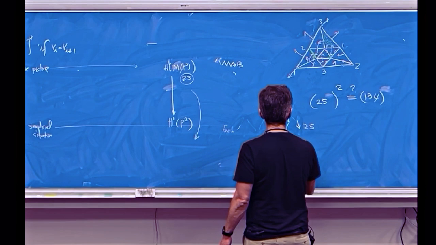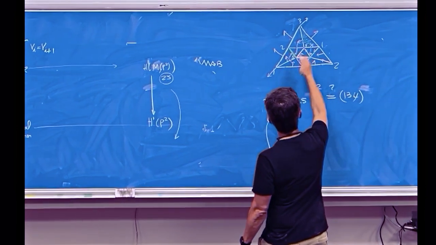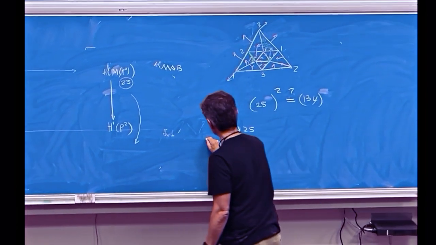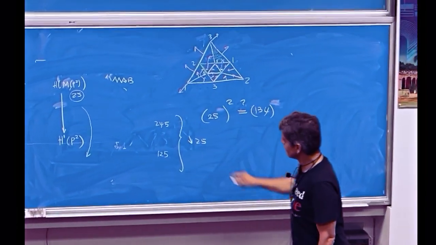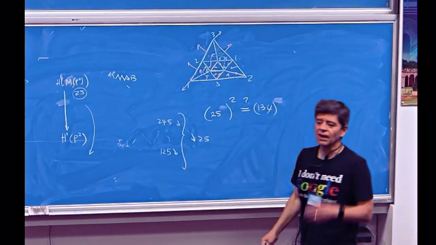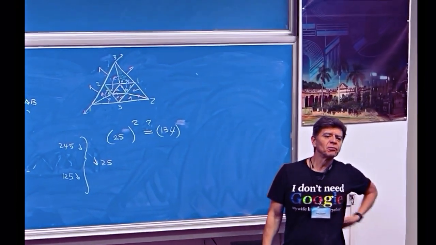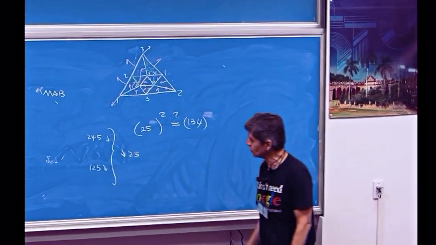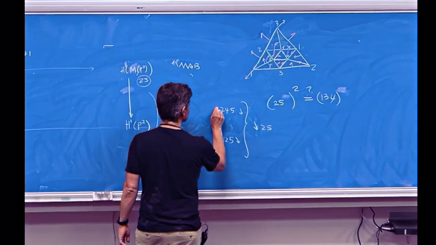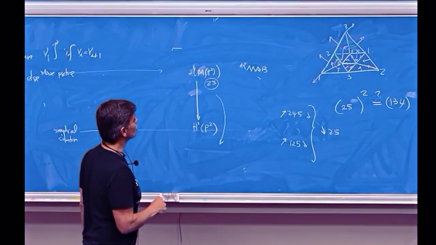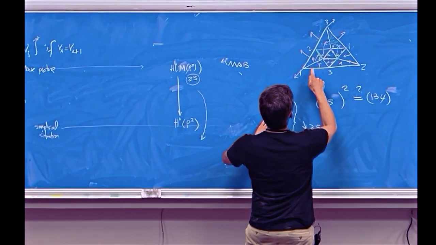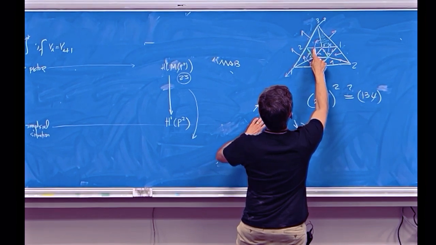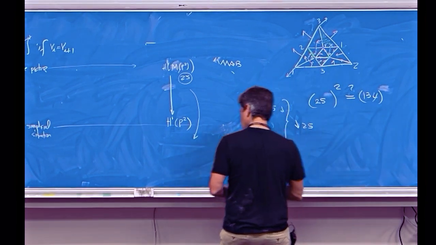This can be the face of either 2, 4, 5 or 1, 2, 5. Both have 25 as a face. I'm not going to be worrying about multiplicities because signs are irrelevant. I'm working modulo 2. And now this is forced. What is the friend of 245? 245 is, sorry about this, this was like that.